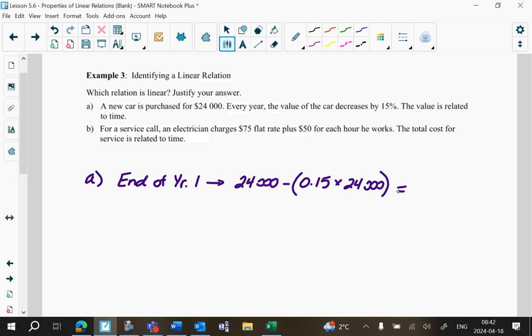So when we do that, I'm just going to cheat a little bit here. We get 20,400. So remember, we started with 24,000.